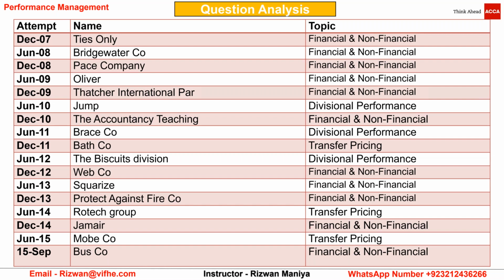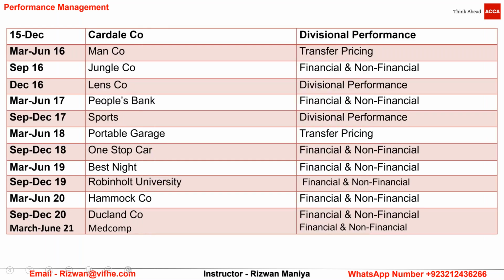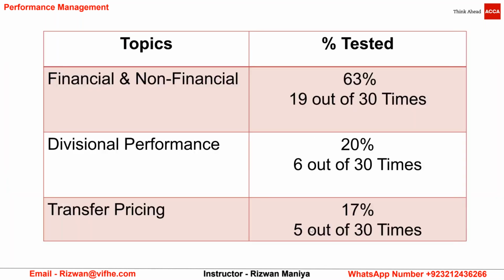This is not yet the end. Then you can see again, from December 15 onwards, and the latest question also came on this in the March June hybrid attempt. So there are lots of questions. I'm sure we can't do all of them, but this is a quick analysis for you.